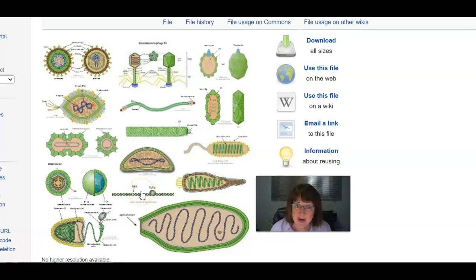The thing about a virus is they do not contain the organelles or the cell parts to reproduce on their own. So they must trick a cell in order to take it in, put the genetic material from the virus into the cell, and then the material from the virus will take over the cell and replicate new viruses.